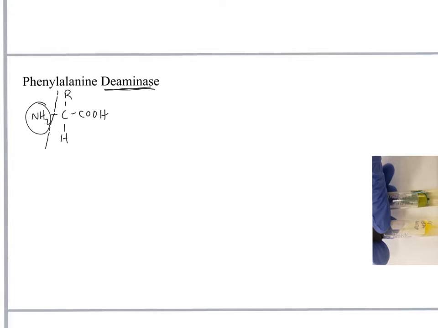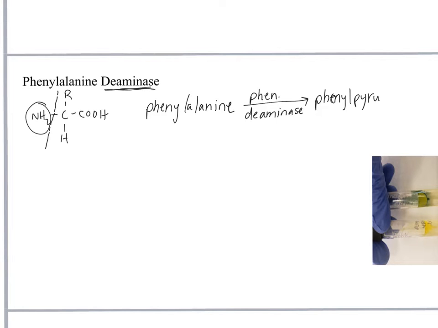So our enzyme, phenylalanine deaminase, is one that changes that amino acid phenylalanine into the product phenylpyruvic acid, and ammonia.